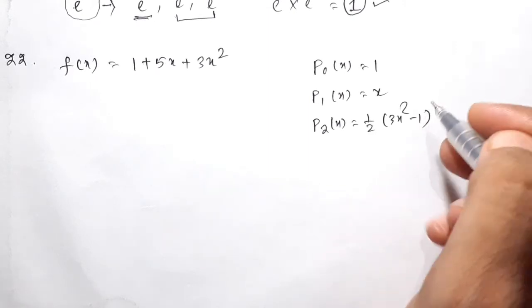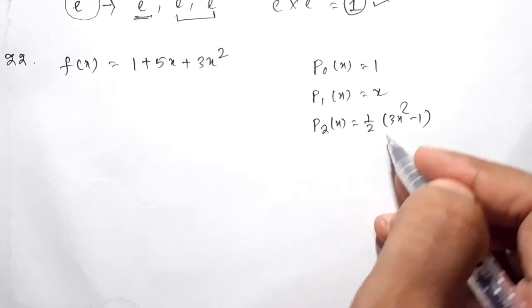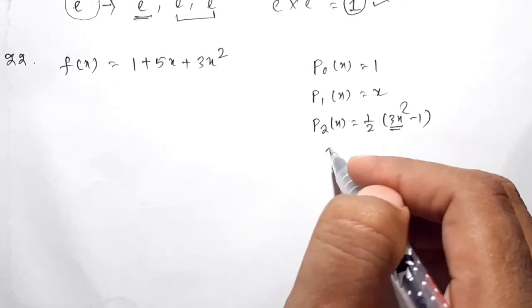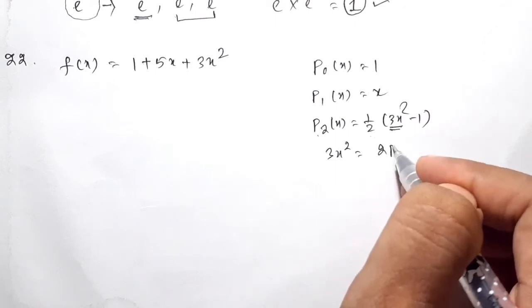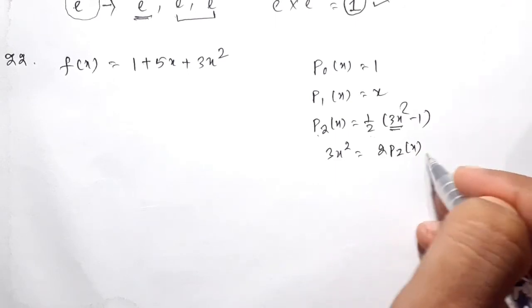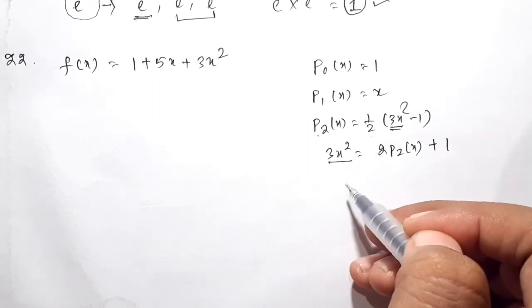From this equation I can find the value of 3x square. So 3x square equals twice p2 of x, that is 2 p2 of x, plus 1. So I just found the 3x square value.